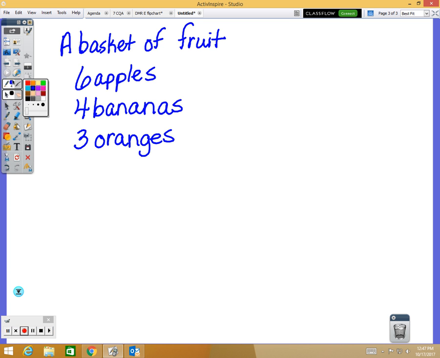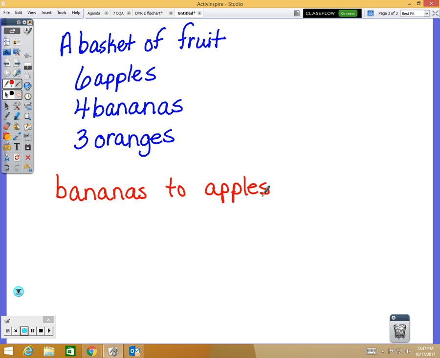All right, so I'm going to ask for a specific ratio. I would like the ratio of bananas to apples. So again, this order is important. The number for bananas has to be listed first. So the bananas is how many? 4. And the apples are 6. So 4 to 6.